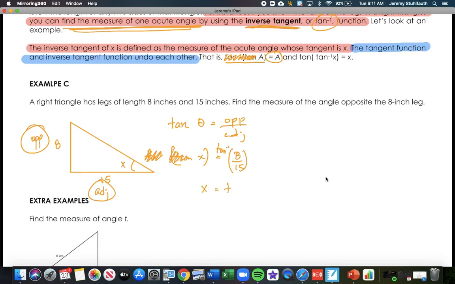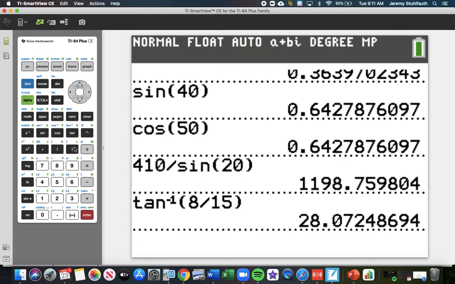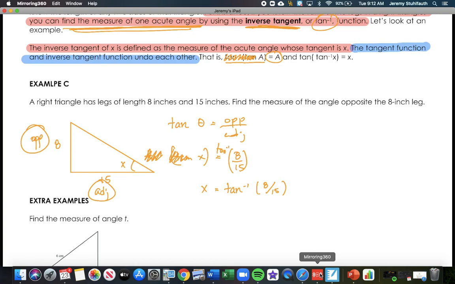And your angle measurement is equal to the inverse tangent of 8 over 15. To find that, you go to your calculator. The inverse tangent button is above the tangent button, so you hit second tangent, and then 8 divided by 15. You'll find out that the angle is 28.1 degrees. So we have 28.1 degrees.